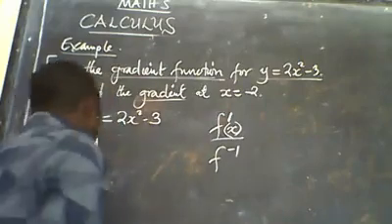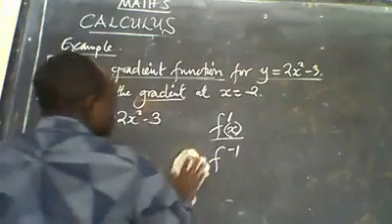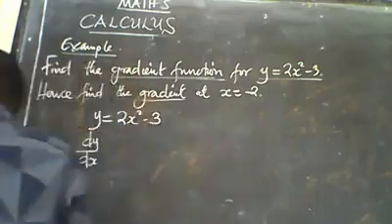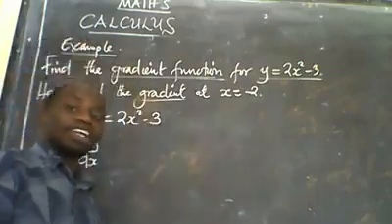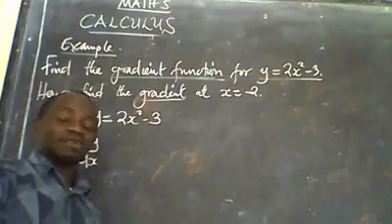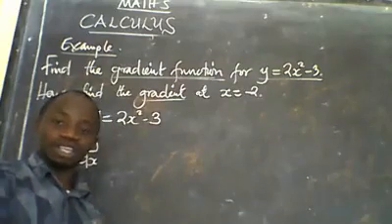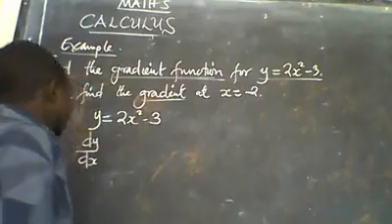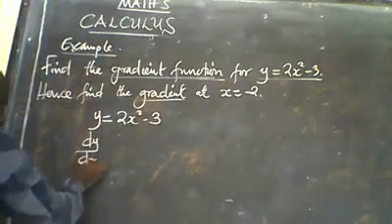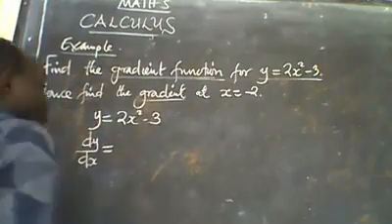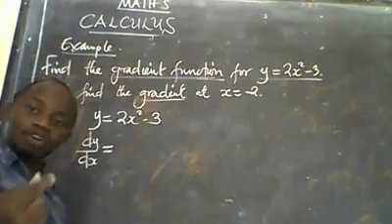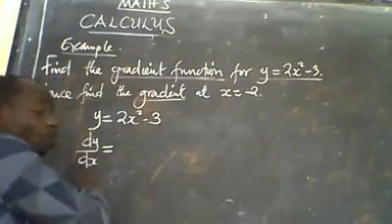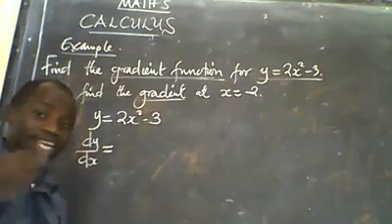So now, how do we go about it? I'll be very slow so that you understand well. Maybe some of you are encountering this for the very first time. So dy dx will be equal to dy dx. And let me also make mention that it's not always dy dx, the letters.